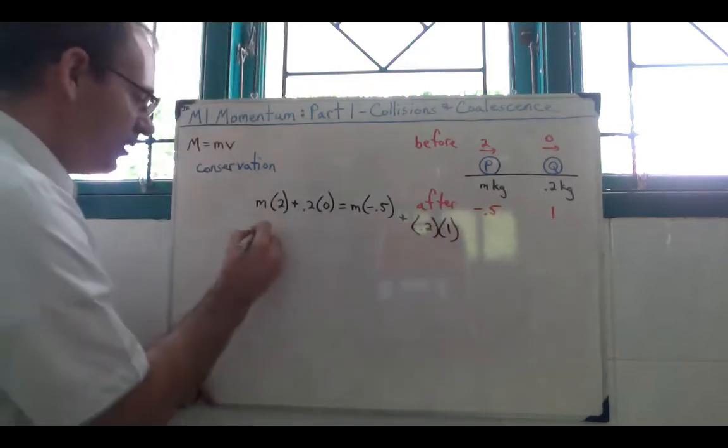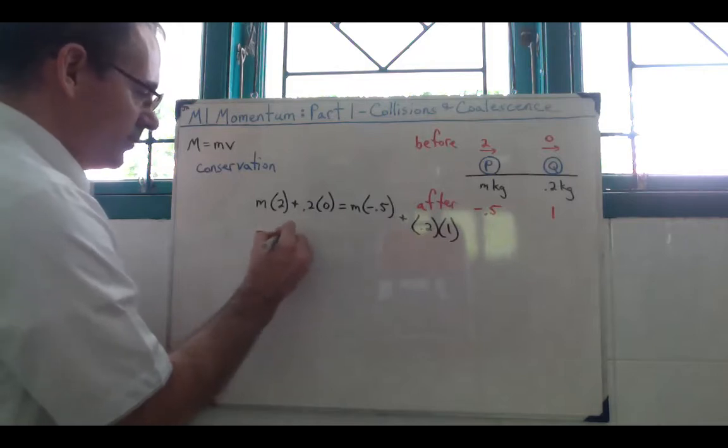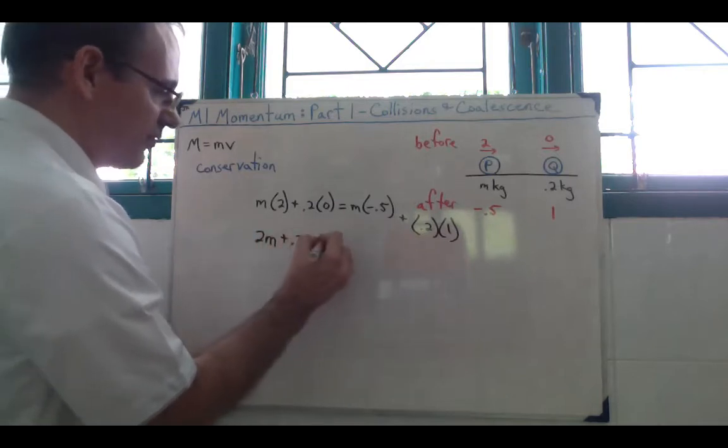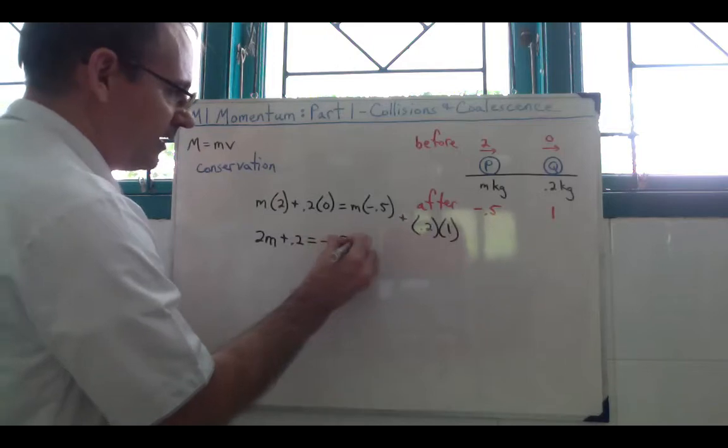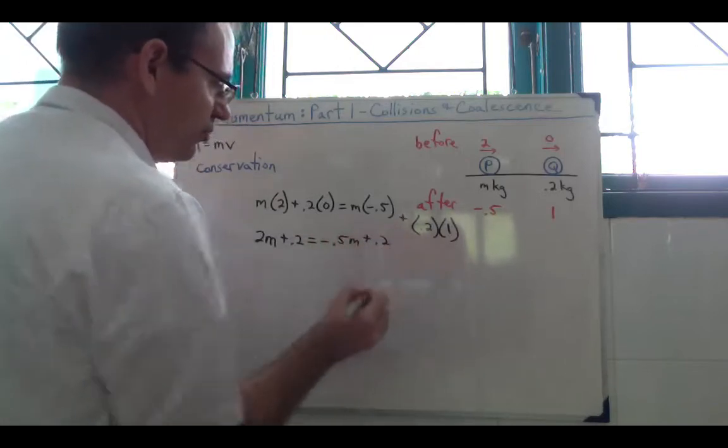Okay, so here we have 2m plus 0 equals negative 0.5m plus 0.2.